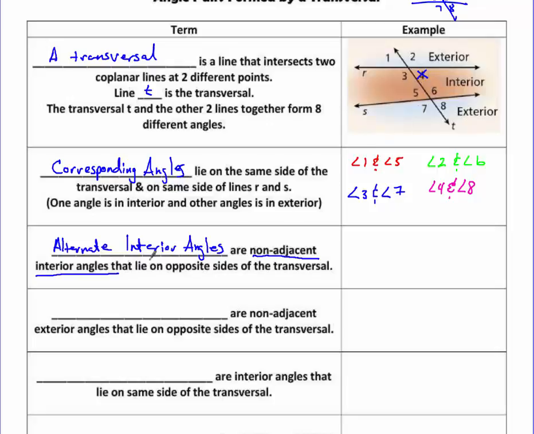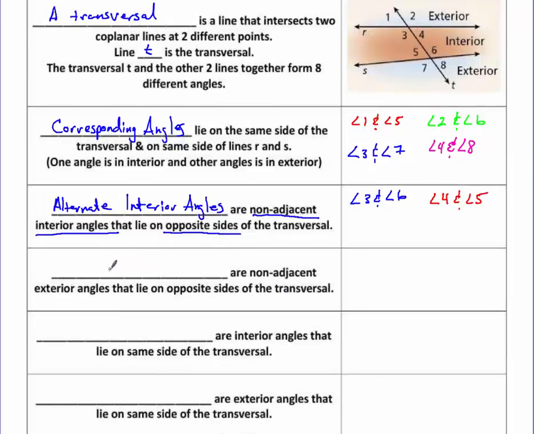Okay, so non-adjacent interior angles that lie on opposite sides of the transversal. Well, angle 5 is on the same side, so it's not that one. So angle 3 and angle 6 are alternate interior angles. And also angle 4 and angle 5, because they're on alternate sides of the transversal, they're non-adjacent, and they're on the interior. So angle 4 and angle 5.